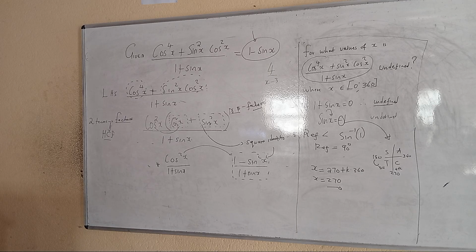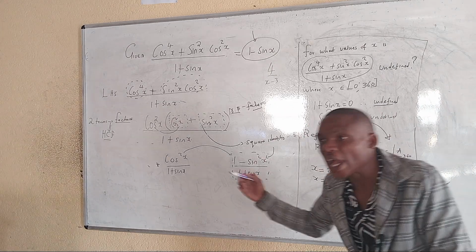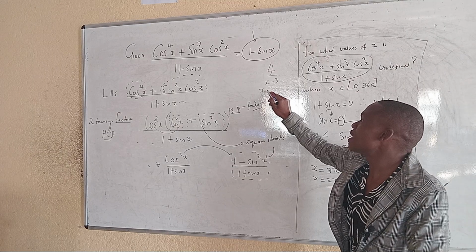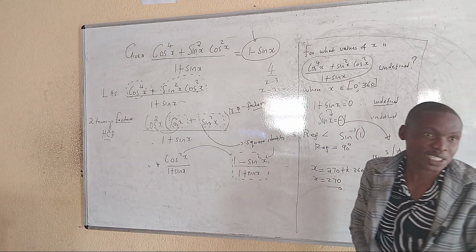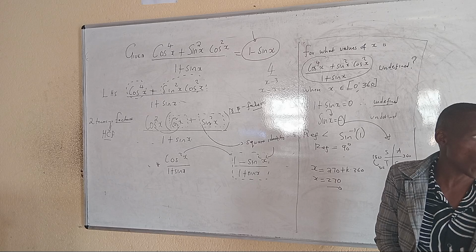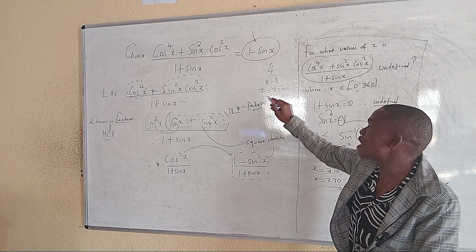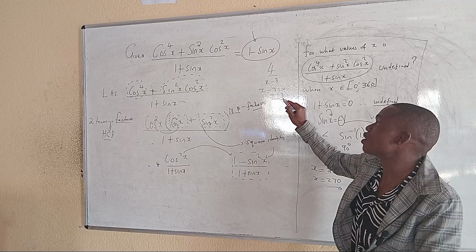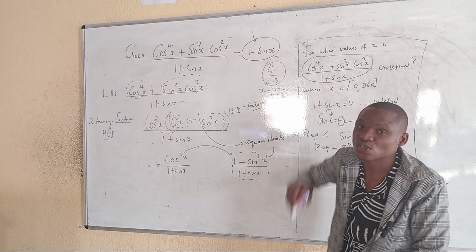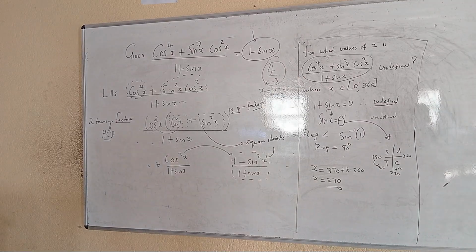The expression is undefined if the denominator is 0, so you equate the denominator to 0. Then you solve for x. Therefore, x is 3. So this is undefined when x is 3. You take the denominator, equate it to 0, and solve for x. Then you will find the value of x for which the expression is undefined.